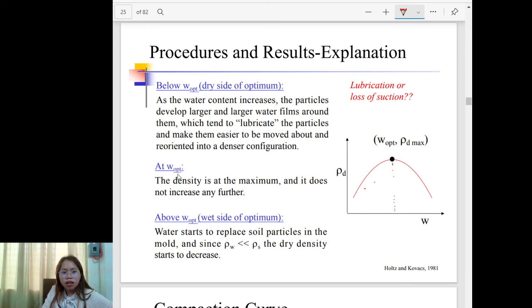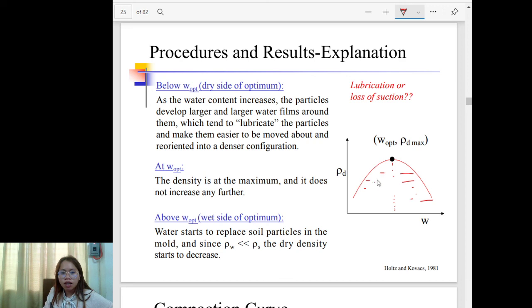So at the optimum moisture content, the density is at maximum, and it does not increase any further. So this is the maximum dry density. Then above, or the wet side of the optimum, this part here, no?